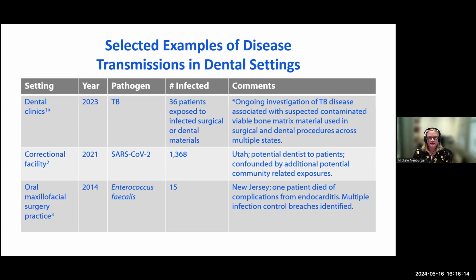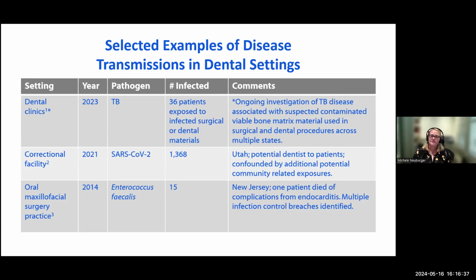In 2021, here's an example of a dentist, actually a healthcare personnel, who potentially exposed some patients in a correctional facility to SARS-CoV-2. And I think this outbreak was confounded by additional potential other exposures from other staff in the facility or something like that.